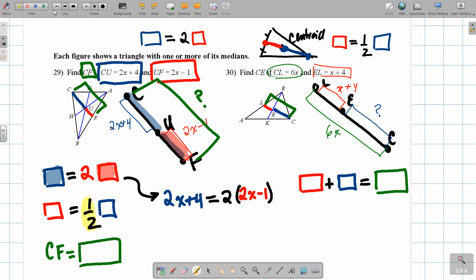We look at what we have information for. We have information for the red. We have information for the green. But we don't have information for the blue. Let's come up here and see if there's anything we can use. We know the blue is 2 reds.